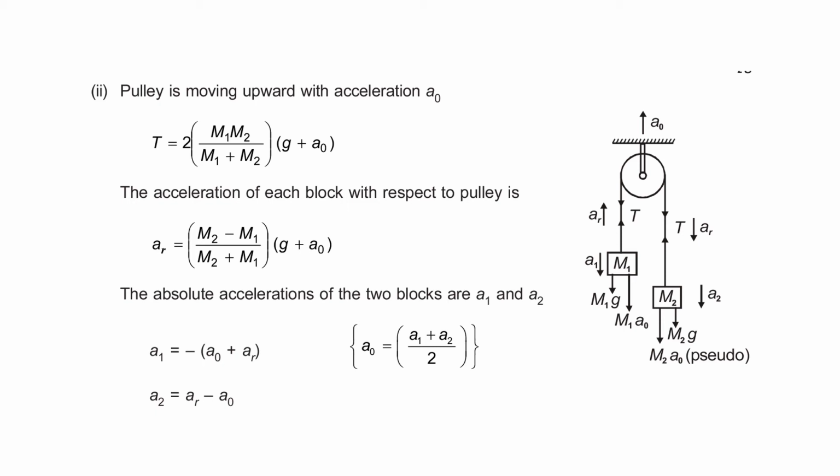The absolute accelerations of the two blocks are a1 and a2. a1 is equal to minus (a0 plus ar). a2 is equal to ar minus a0. Now here the value of a0 is equal to (a1 plus a2) divided by 2.